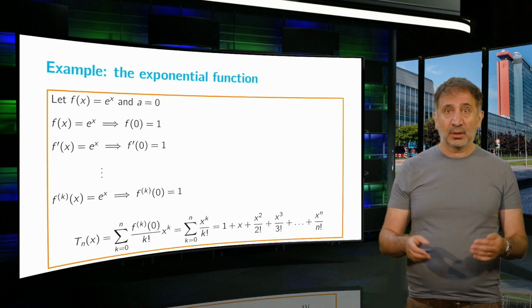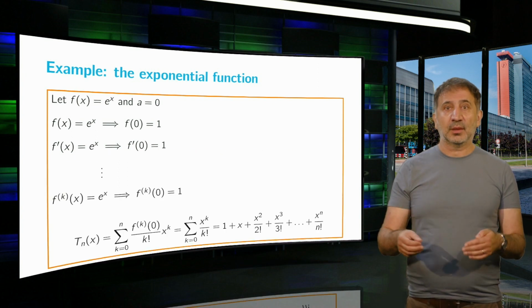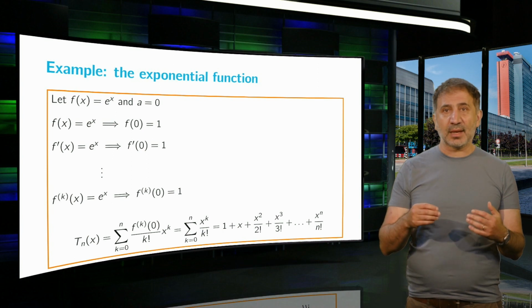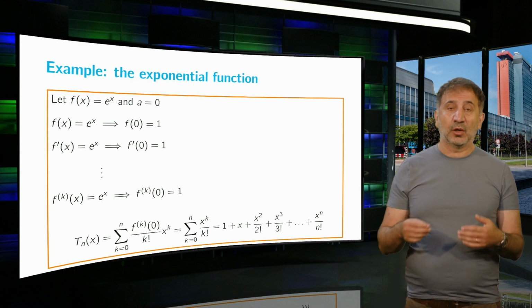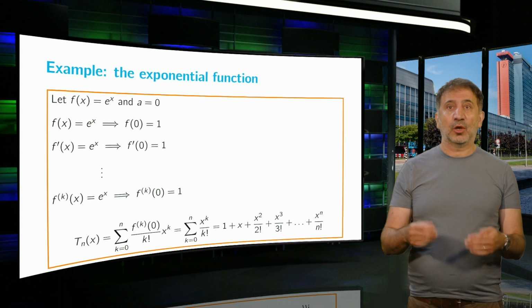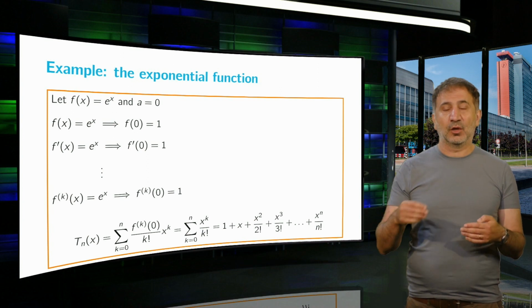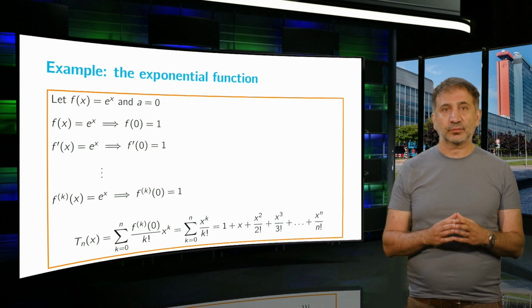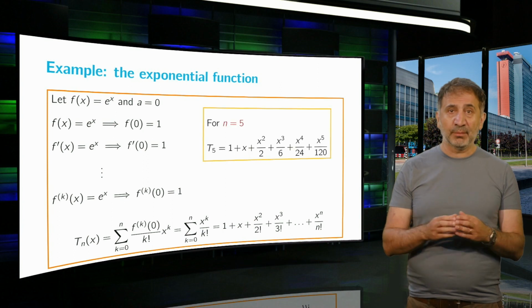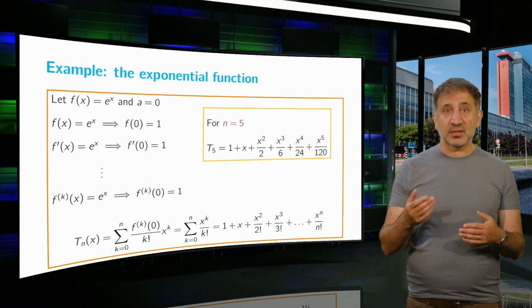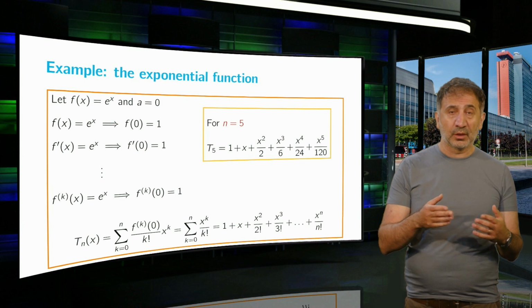Because of this, the nth order Taylor polynomial is equal to 1 plus x plus x squared over 2 factorial plus up to x to the power n over n factorial. For example, for n is 5, this is equal to the explicit polynomial on the screen.